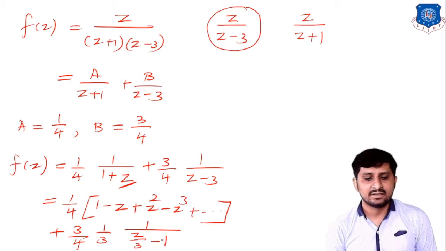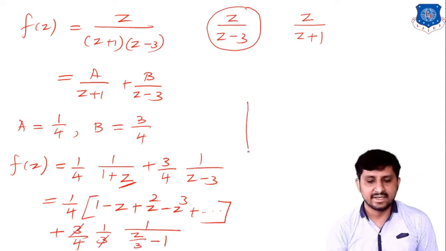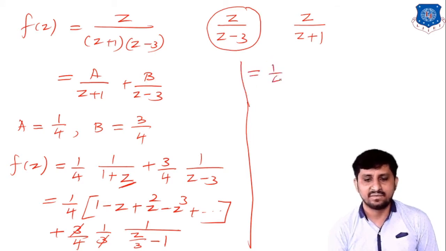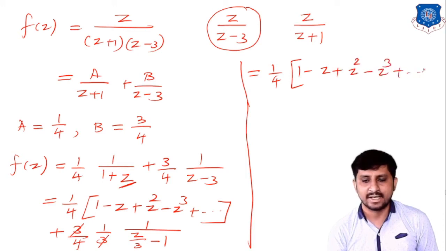But this 1 I need in the first term, right? So minus can be common. Now first of all this 3 will be cancelled out. So here I simplify this term and write it. So I can write 1 by 4, the first term as it is, 1 minus z plus z square minus z cube and so on.